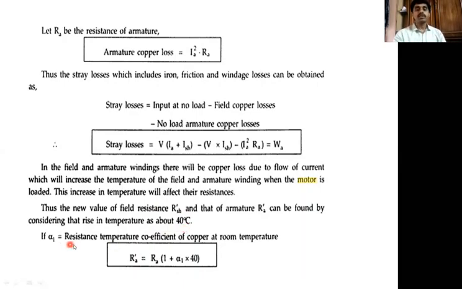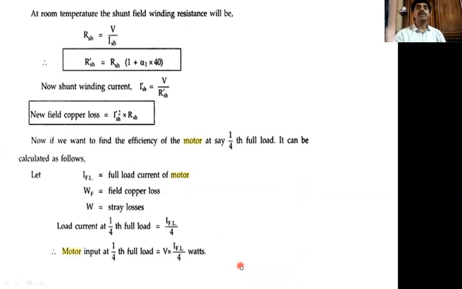So if alpha 1 is the resistance temperature coefficient of copper at room temperature, then we can write RA dash is equal to RA into (1 plus alpha 1 into 40). Same way, at room temperature, the shunt field winding resistance is RSH equal to V by ISH, where RSH dash is equal to RSH into (1 plus alpha 1 into 40).